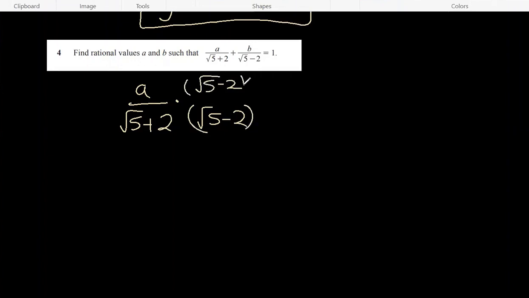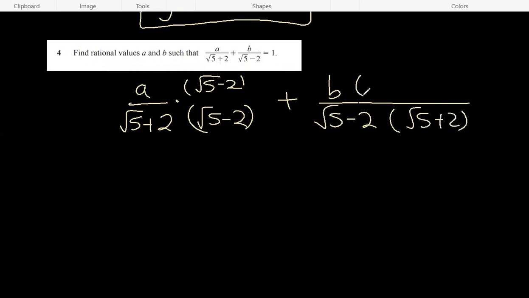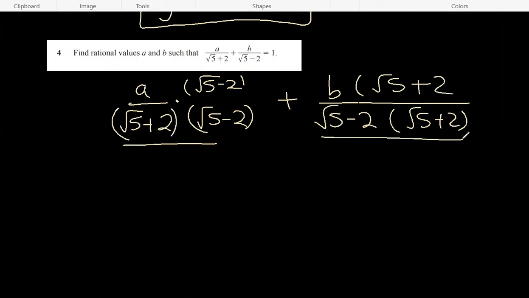We can't multiply only one because actually we are multiplying with 1. Simply multiply this one also by the conjugate, which is square root 5 plus 2. We can see the denominator becomes the same for both, so we can combine them and it is equal to 1.